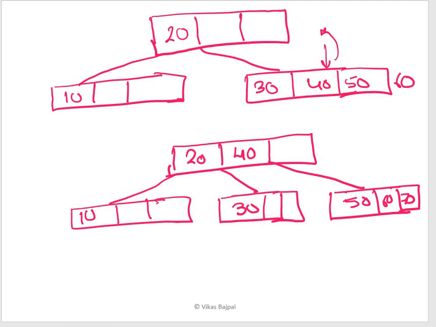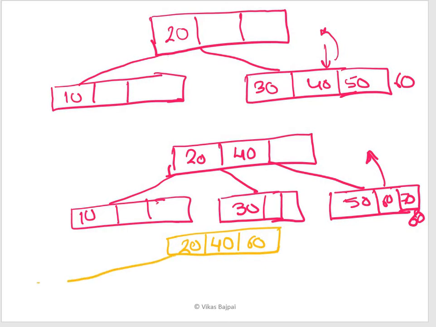In that case, I have to accommodate 80 somewhere here. So once again this goes up. So the new tree will be, let me draw with a different color, 20, 40 and then 60, which comes here. From here, same, 10 and these values.